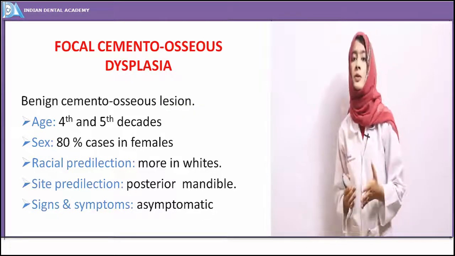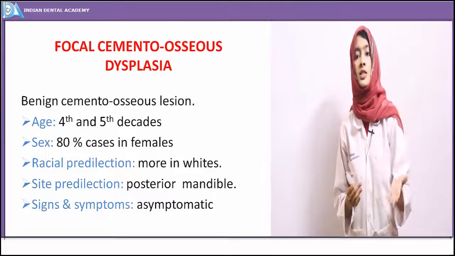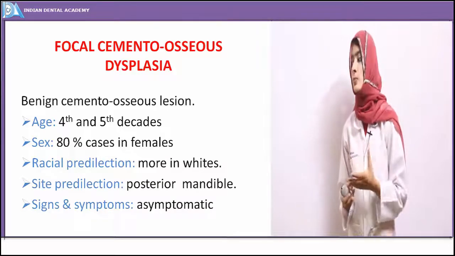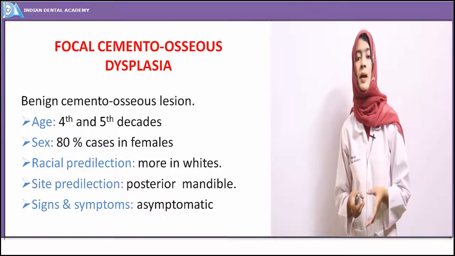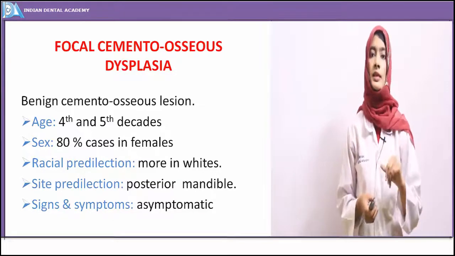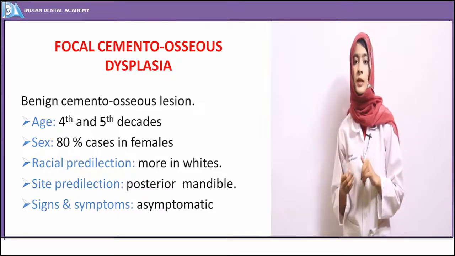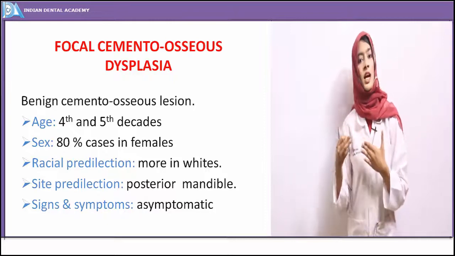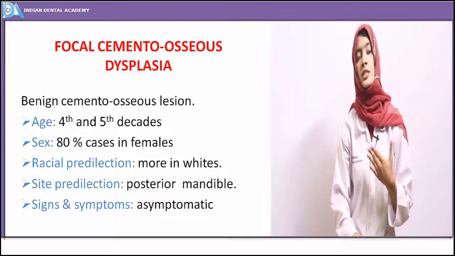Now the focal cemento-osseous dysplasia. It is a form of cemento-osseous dysplasia which is more commonly seen in the posterior mandibular region, most commonly in the angle of the mandible or associated with the molar region. Only the site is different. All features are similar to cemento-osseous dysplasia.